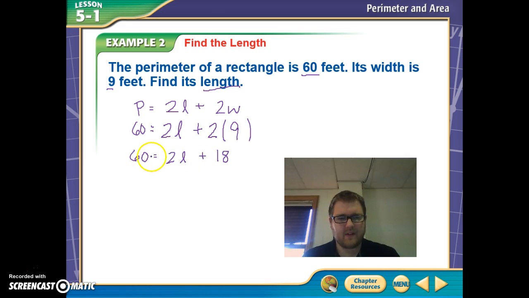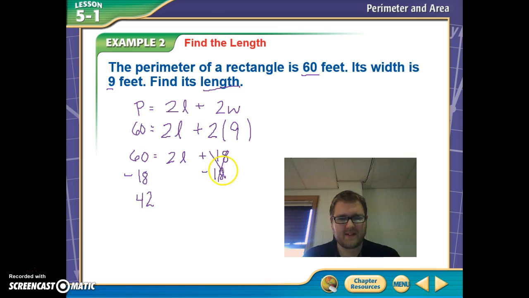Now remember, when we're solving multi-step equations, we want to isolate the variable L. To do that, we need to get rid of all the terms that don't have an L on this side. So let's subtract 18 from each side. We're going to get 60 minus 18, which is 42.